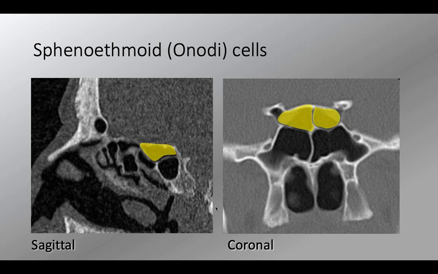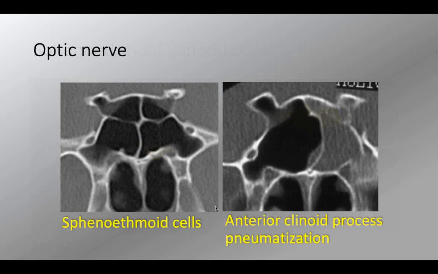What is important in this case is that the optic nerve actually lies inside the sphenoid cells. So when the surgeon has to go into the sphenoid sinuses, they usually have to go low and they have to go slow. Also, in case of anteroclinoid process pneumatization, we have the optic nerve inside the sphenoid sinus.